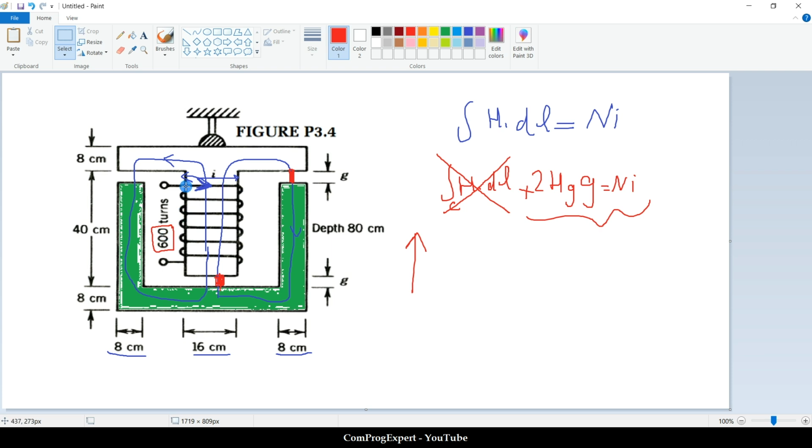We have this structure, we have these two air gaps, and here, one air gap here. This is the steel channel and this is the stationary part.